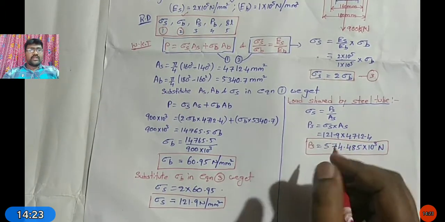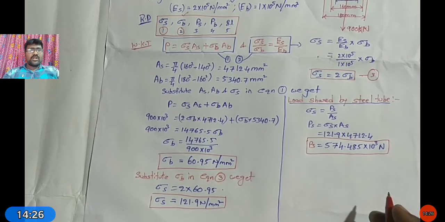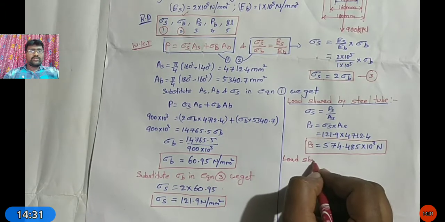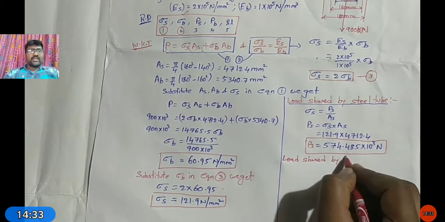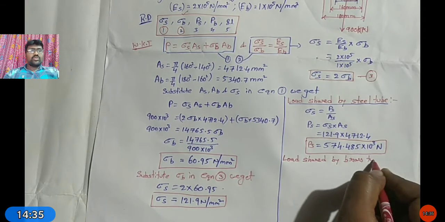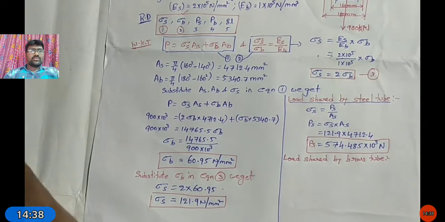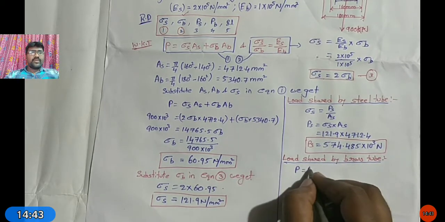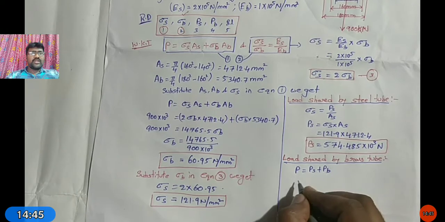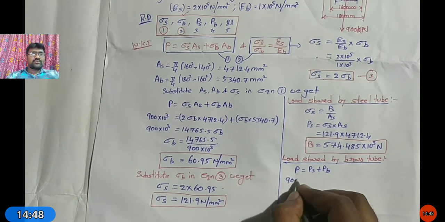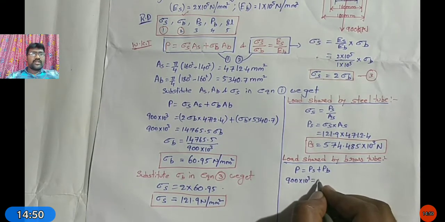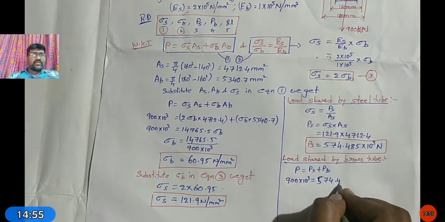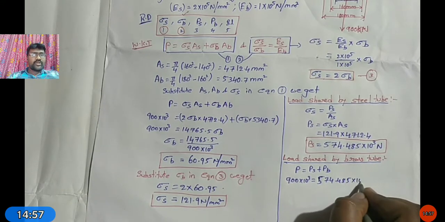Similarly we can calculate load shared by the brass tube. Load shared by the brass tube, that is P is equals to P S plus P B. Total load on the material is 900 into 10 cube and P S is 574.85 into 10 cube.